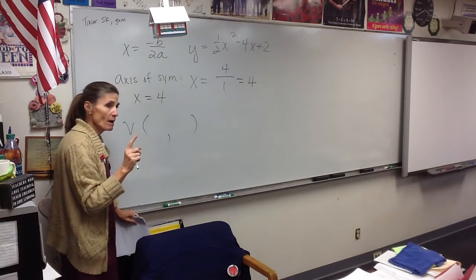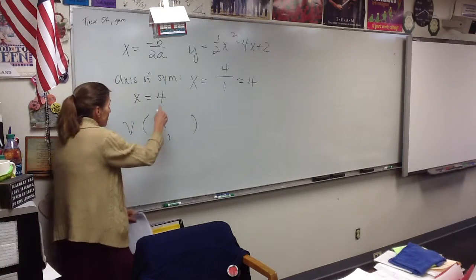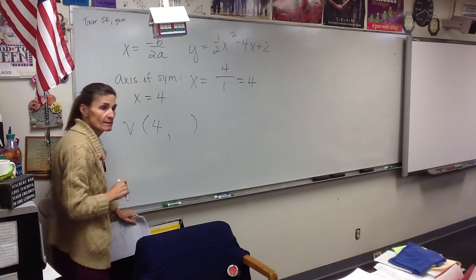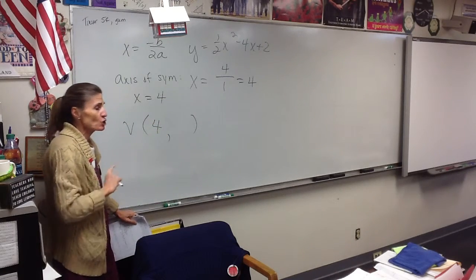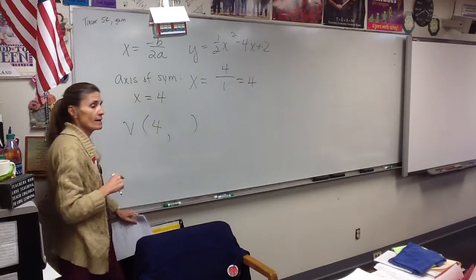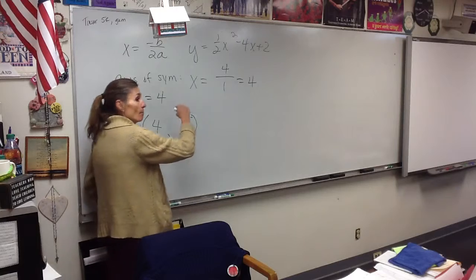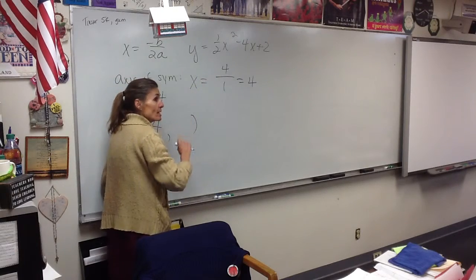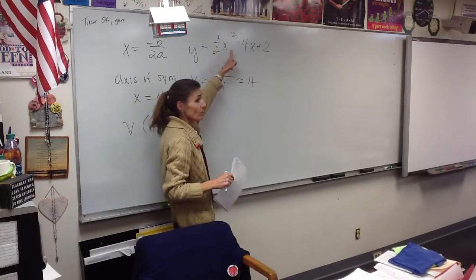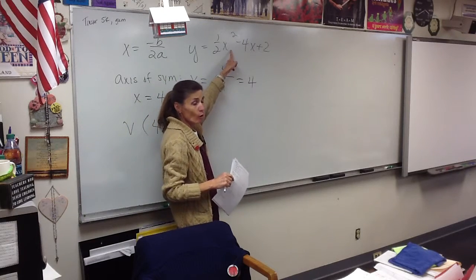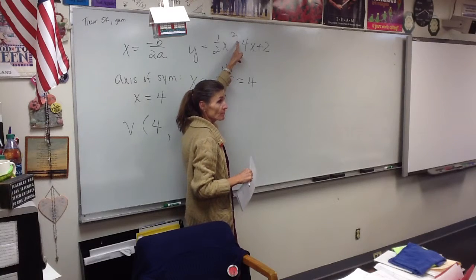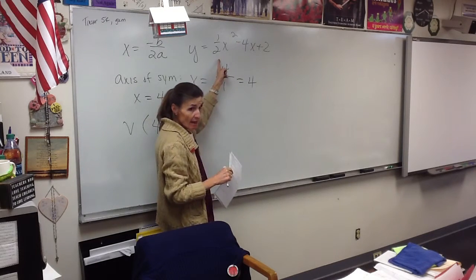That's simple. Now, your vertex. What do you remember about your vertex? That x is the x of the vertex. Every time they match up. How do we find our y? Plug the 4 in for the x in the equation. Now remember, you're squaring the 4 only. So 4 squared is 16 times a half.